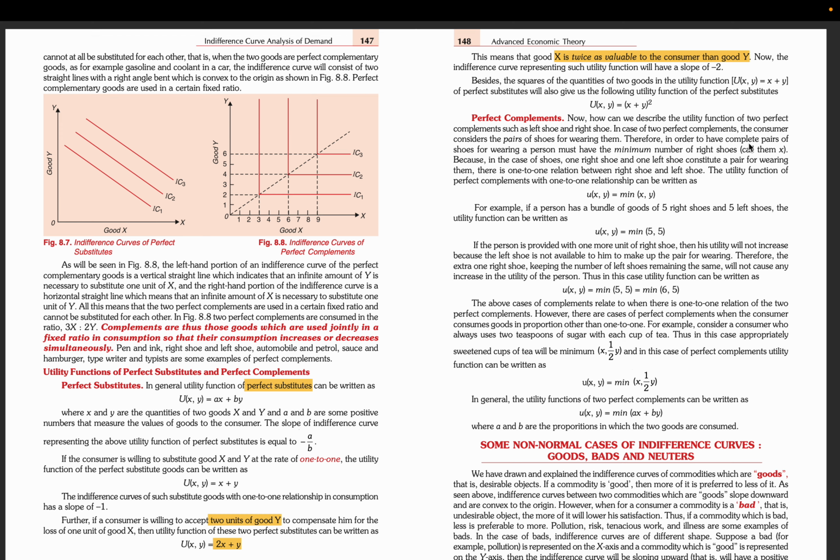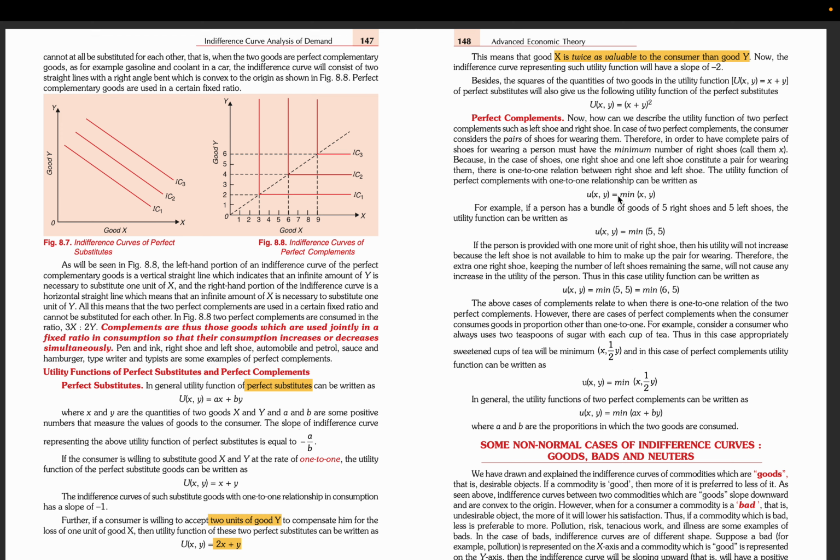Therefore, in order to have complete pairs of shoes for wearing, a person must have a minimum number of right shoe, right? Because if you have 4 of right shoe and 3 of left shoe, essentially the pair of shoes that you can wear is only 3. So the minimum number of right shoes, because in case of shoes, one right shoe and one left shoe constitute a pair for wearing them. There is a 1-to-1 relationship between right shoe and left shoe.